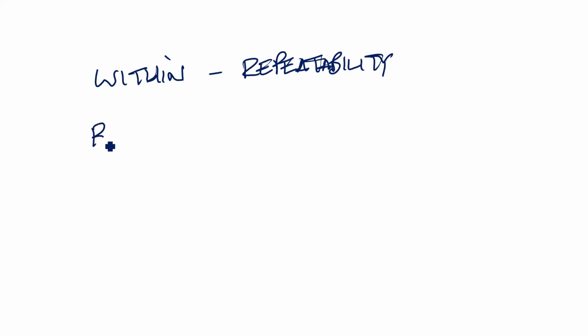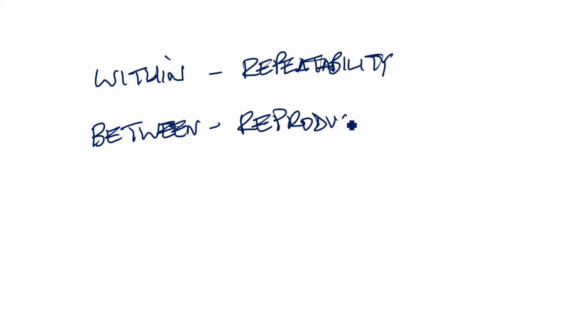The between system is called reproducibility. Okay, it would be a lot better if we called it within and between, but unfortunately they don't. But that's where the phrase Gage R&R comes from. It stands for repeatability and reproducibility.